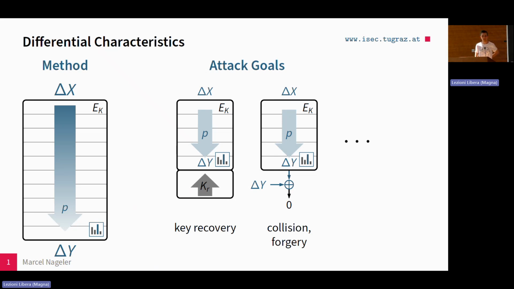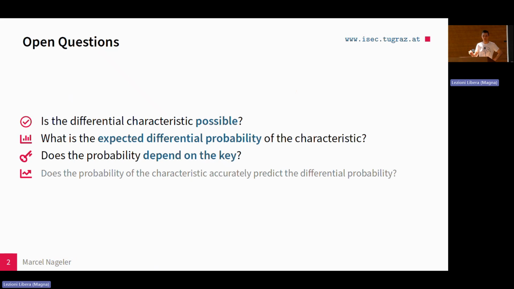And of course, with differential characteristics, we saw already in the previous talks, it comes with a bunch of assumptions, and I will list some of them here. So the simple question you could ask is: is this characteristic even possible? Some question that we saw the answer to in the previous talk: what is the expected differential probability of the characteristic? Does the probability depend on the key?